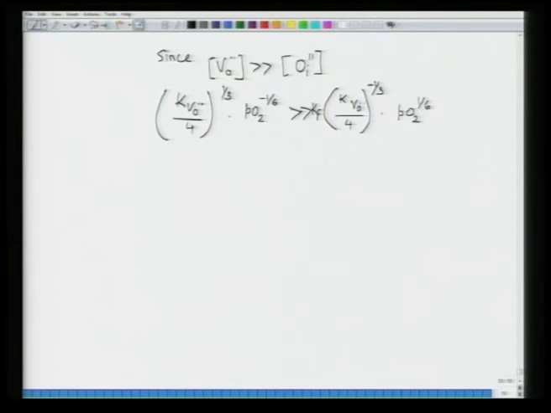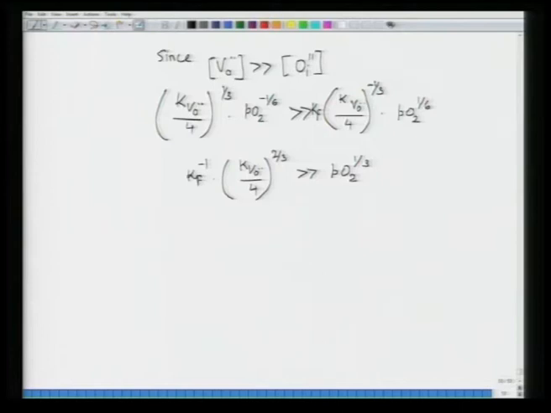So, what you do is you take this on that side. Basically it becomes Kf to the power minus 1 into KVO divided by 4 to the power 2 by 3 greater than PO to the power 2 by 6, which is 1 by 3.